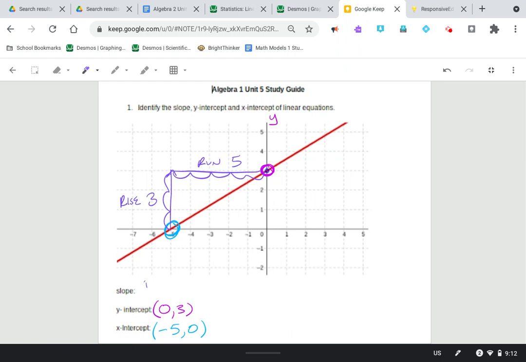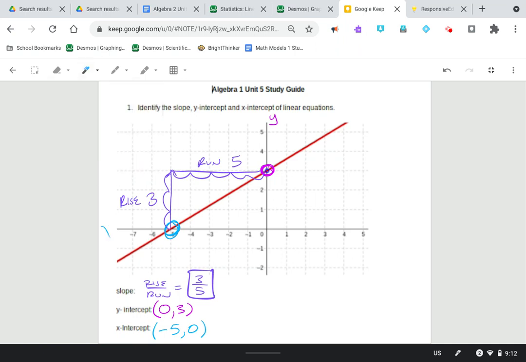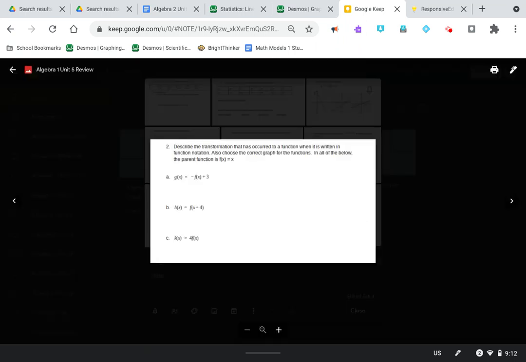So for my slope, I'm going to do the rise over the run, which in this case is 3 over 5. It's positive, we can see that, and so that's the answer for the slope. So that's pretty much how that's going to work. It's just simple finding the x and y intercept and then counting to find the slope. All right, let's keep moving.